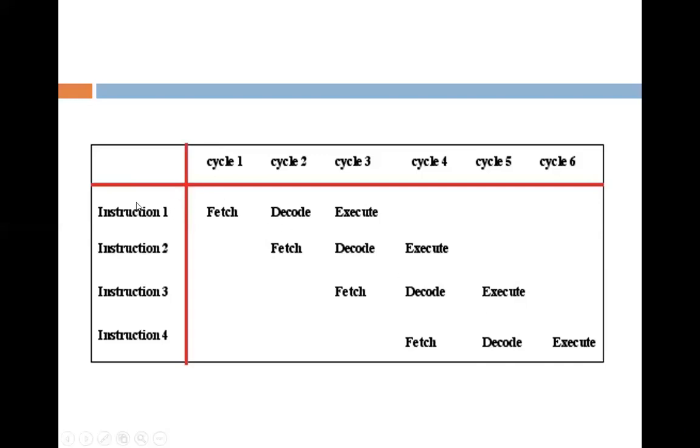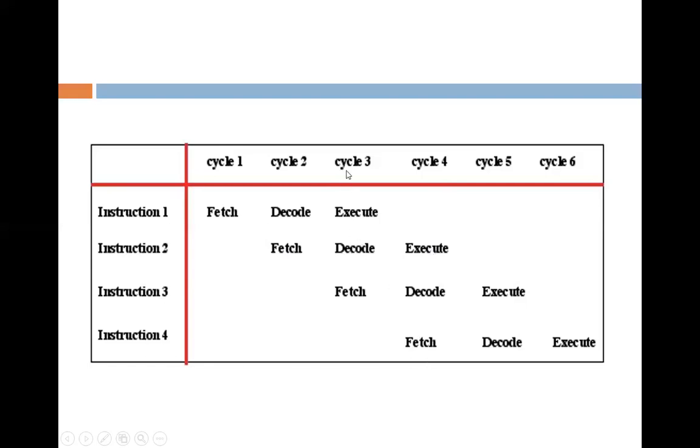As shown in the figure, our 4 instructions are executed in 6 cycles. In cycle 1, our first instruction is fetched, and during cycle 2, our first instruction is decoded. At that time our second instruction is fetched from the memory. During cycle 3, our first instruction is executed, the second instruction is decoded, and the third one is fetched. During cycle 4, our second instruction is executed, the third one is decoded, and the fourth one is fetched.